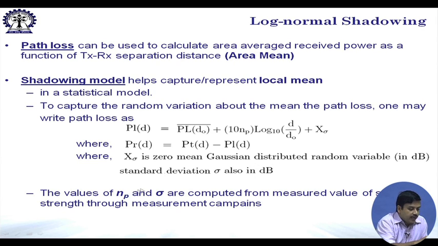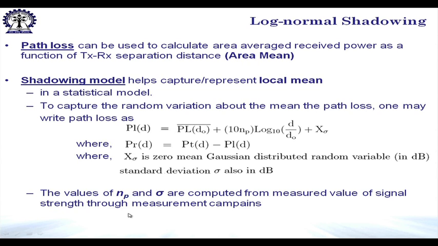The values of n_p and sigma are actually computed from measured values through a lot of measurement campaigns. One of the typical measurement experiments that could be done is what I have shown here, but there is an extensive amount of measurements from which these values of n_p and sigma can be calculated.